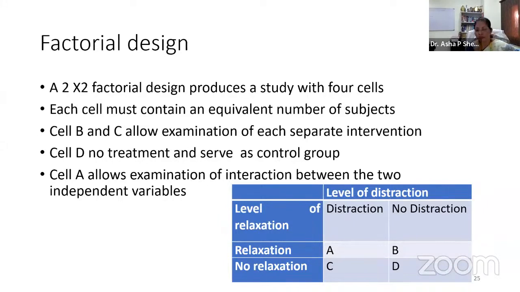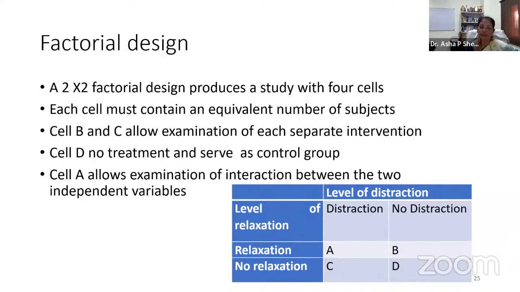If we look at this figure, B and C have separate interventions. In cell C, they have only distraction, and in B, they have only relaxation. Whereas D has no intervention, no distraction and no relaxation, so that group of participants will serve as a control group.